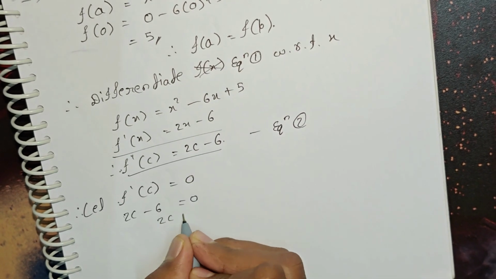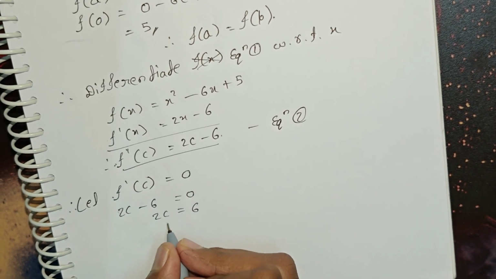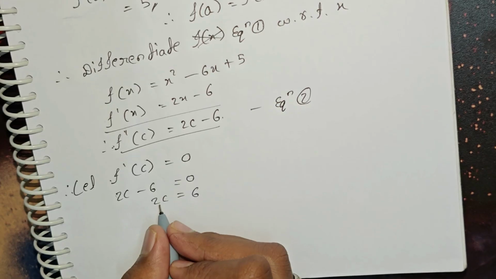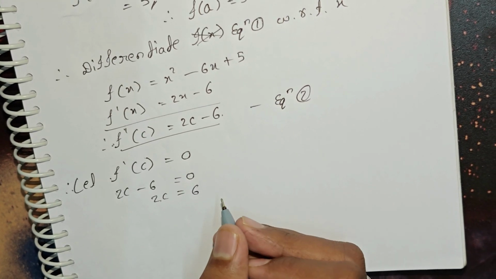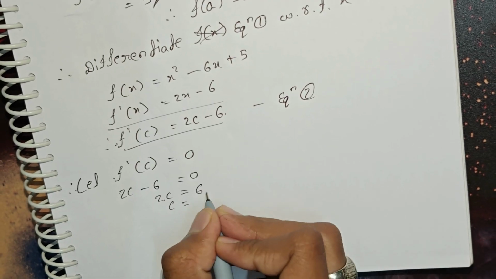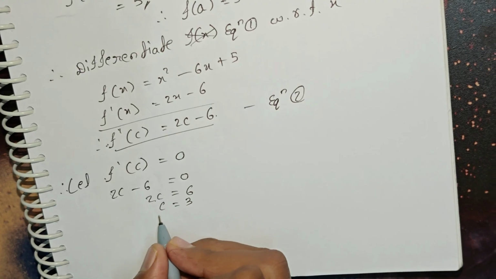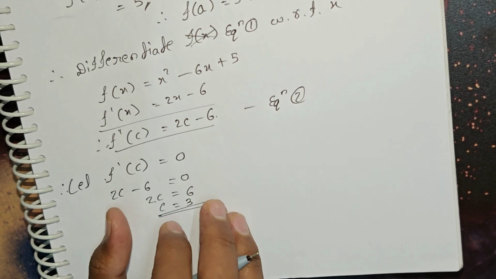When we take 6 to that side, it becomes plus 6, and when we take 2 to the other side, the multiplier becomes a divider. So c is 6 by 2, which is 3. So now we get c is equal to 3.